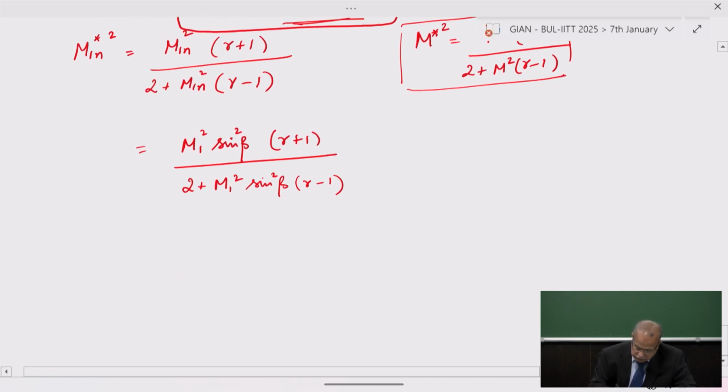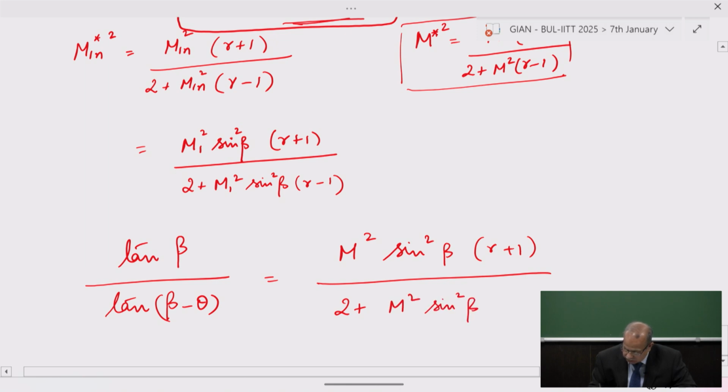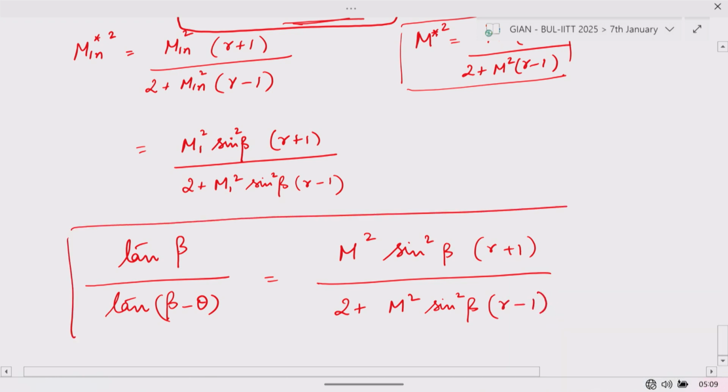So I can write tan beta by tan beta minus theta is equal to M square sine square beta into gamma plus 1 divided by 2 plus M square sine square beta into gamma minus 1.